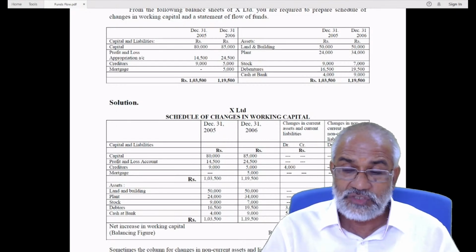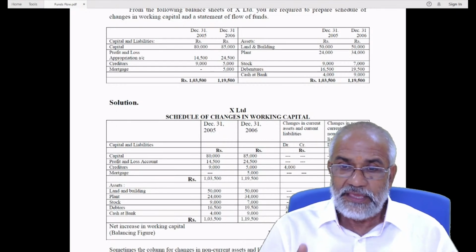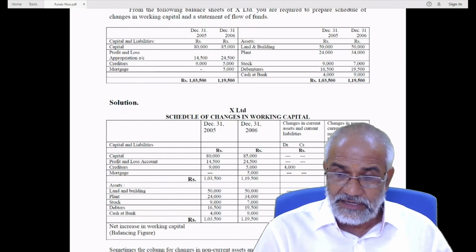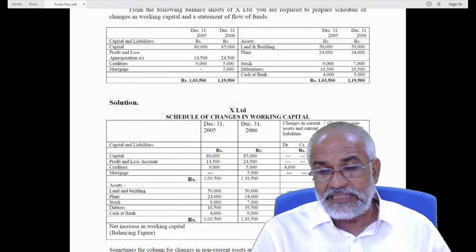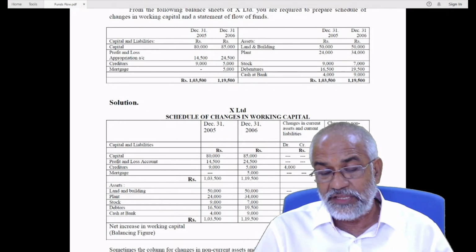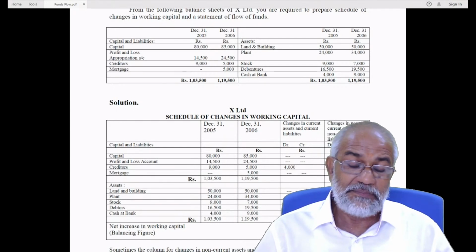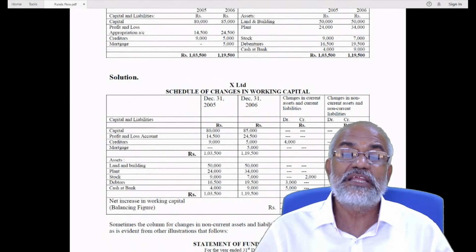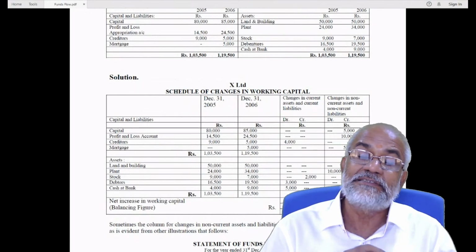Here the same 10,000 figure comes as the balancing figure in the current category in the credit column, and the same 10,000 comes in the non-current category in the debit column. So thereby you can ensure that the preparation of the statement of changes in working capital is fairly all right.